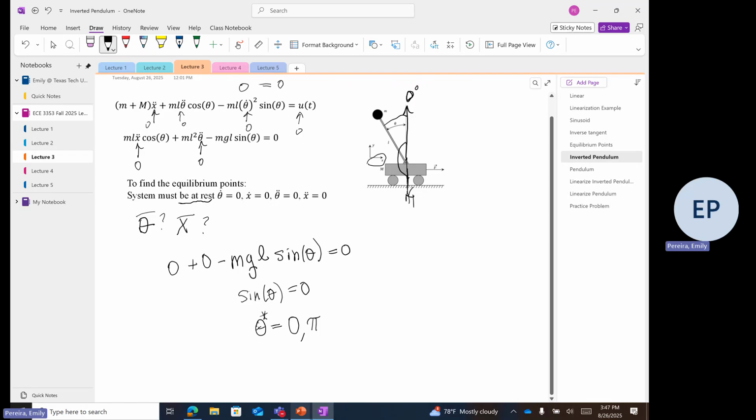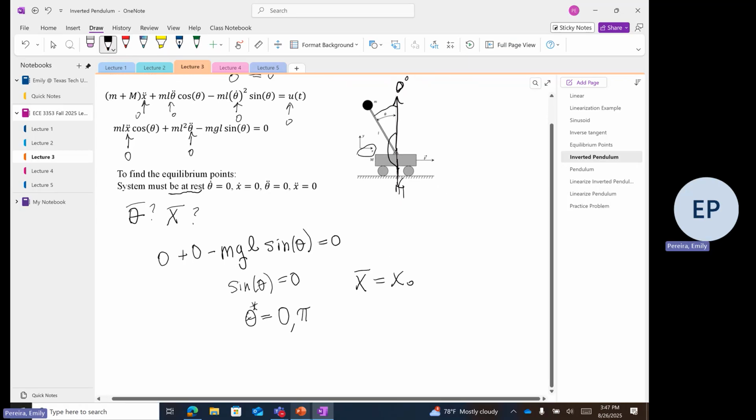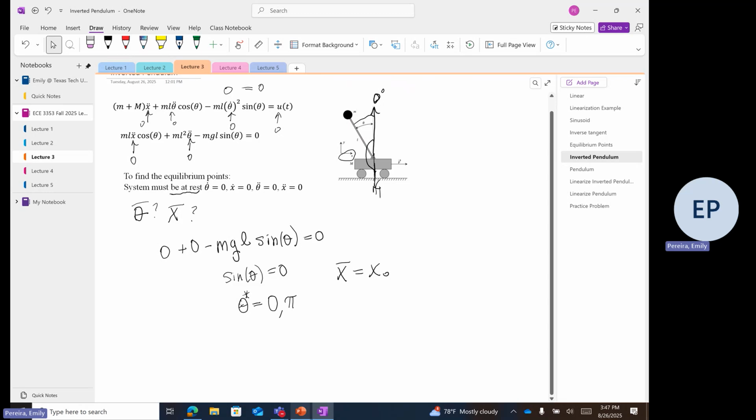And then what about x bar? Well, x bar can actually be anything, because we can start at any location on the horizontal here, and the system is at rest because it's still not moving. So we want to keep the pendulum either completely upright or completely fallen down here. Those are our equilibrium points.